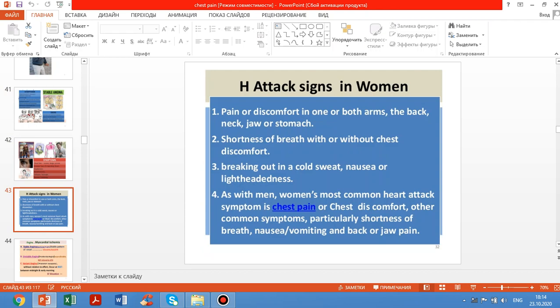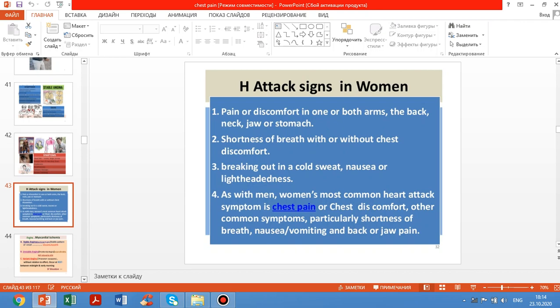Breaking out in a cold sweat, nausea, or lightheadedness. As with men, women's most common heart attack symptom is chest pain or chest discomfort. Other common symptoms, particularly shortness of breath, nausea, vomiting, and back or jaw pain.